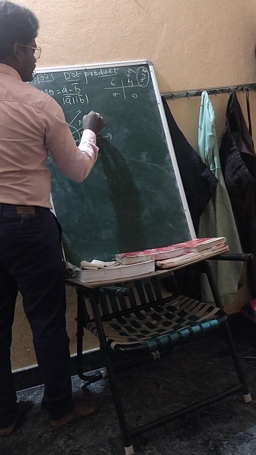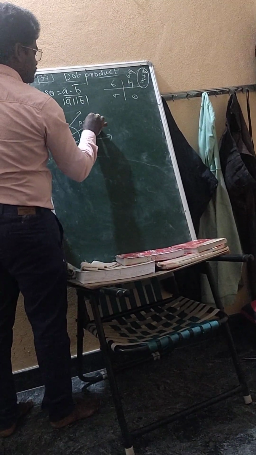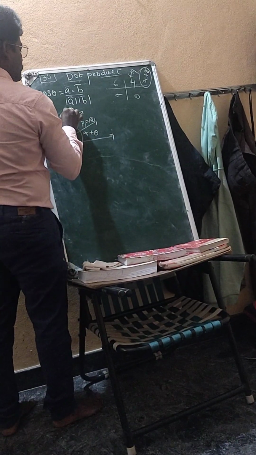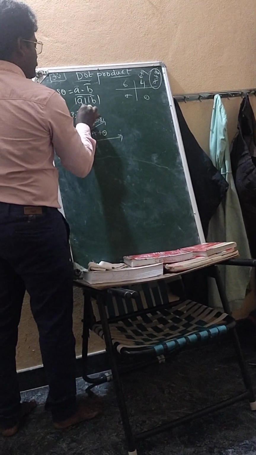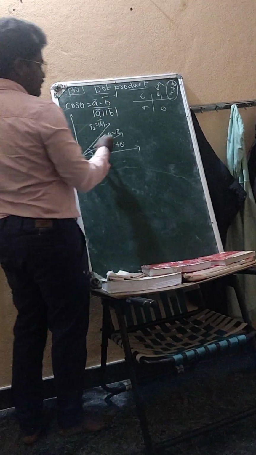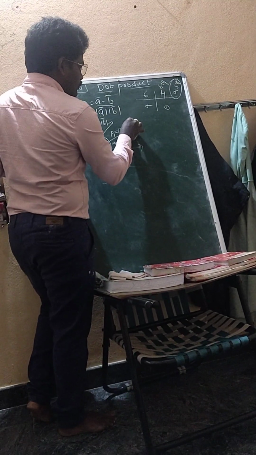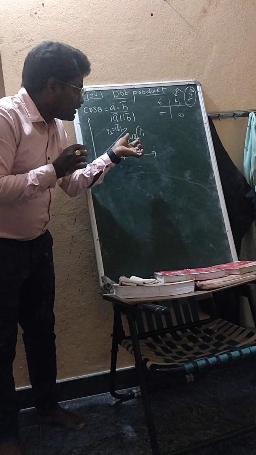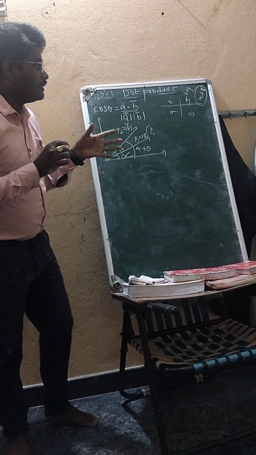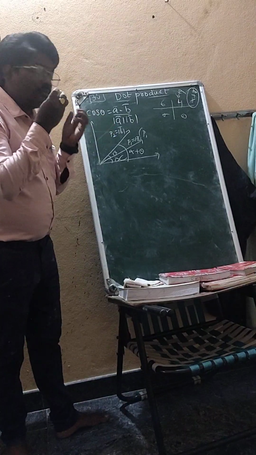Magnitude of P1, suppose magnitude of A, and P2 magnitude. P1's magnitude is converted into an angle, and alpha is converted into points.